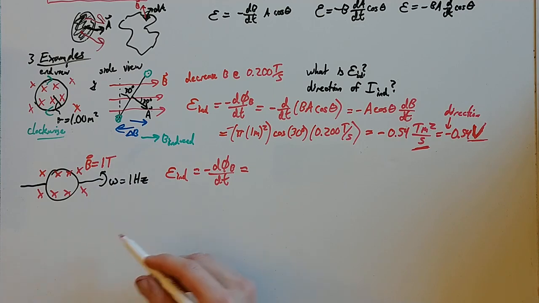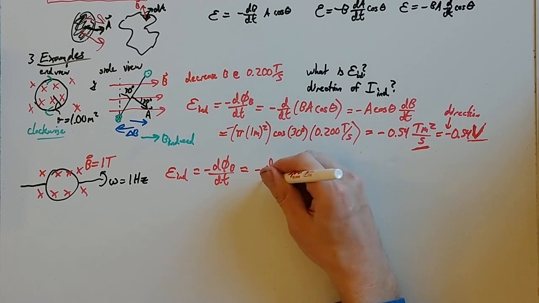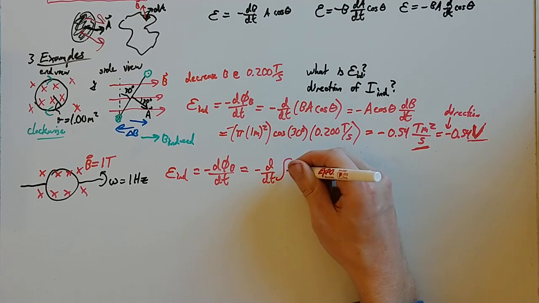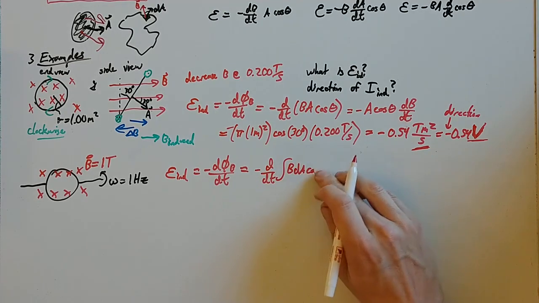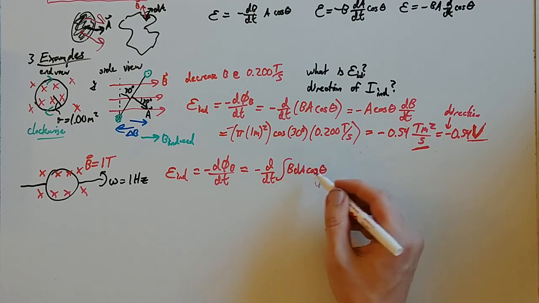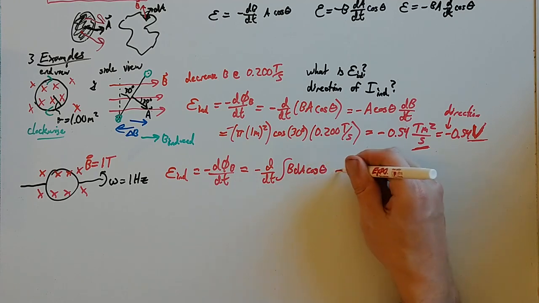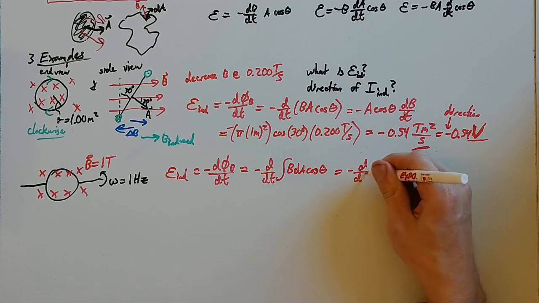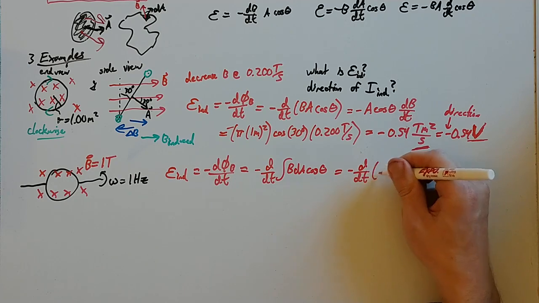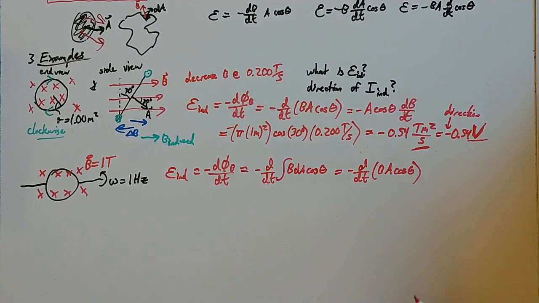So when I do minus d/dt of the integral of B dA cosine theta, the B and the theta are constant over the area, and so we can just write this as minus d/dt of B times A times cosine theta.